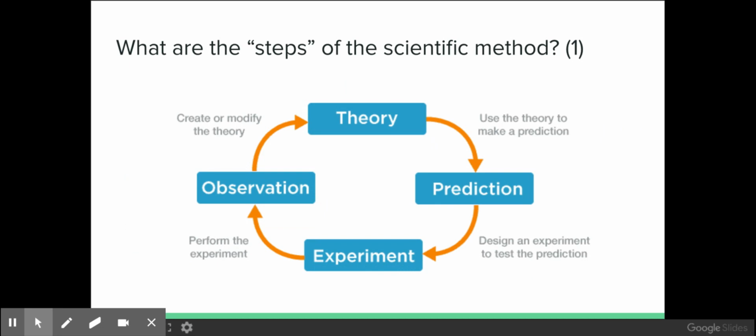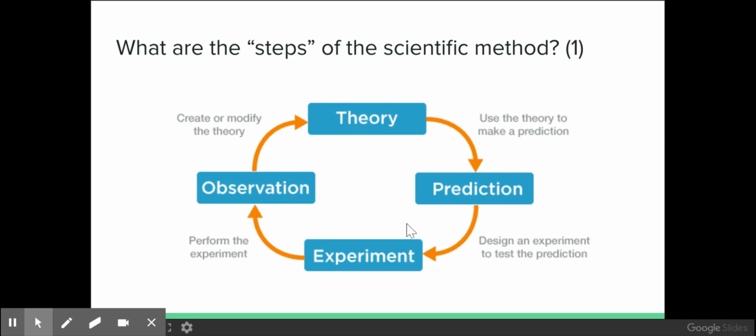The steps of the scientific method, you probably have learned that you always have to make sure that you observe first, and then you can start to hypothesize, and then you can begin to experiment, and so on and so forth. But really, these 4 bigger stages of the scientific method can be applied in any order. You can start by testing a theory to see if those observations fit the theory.